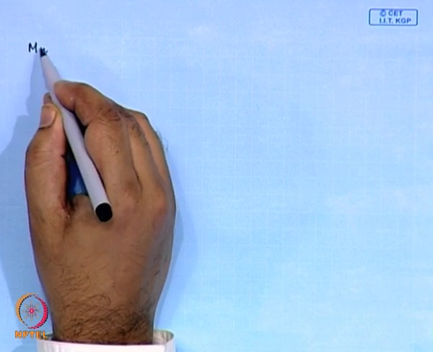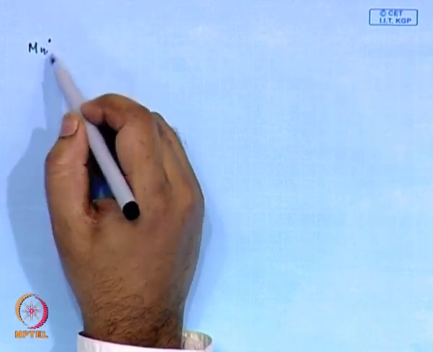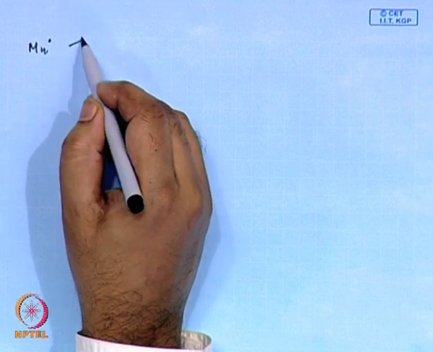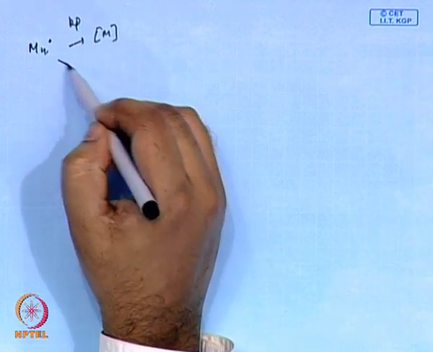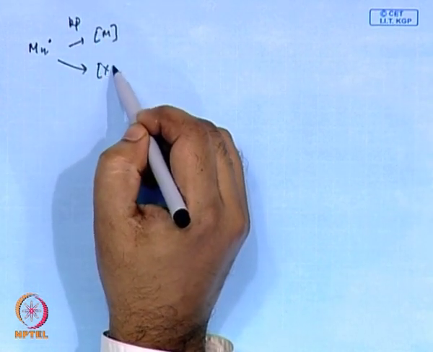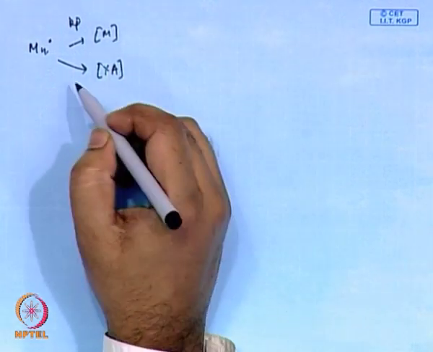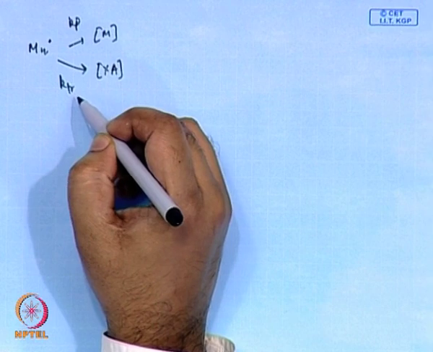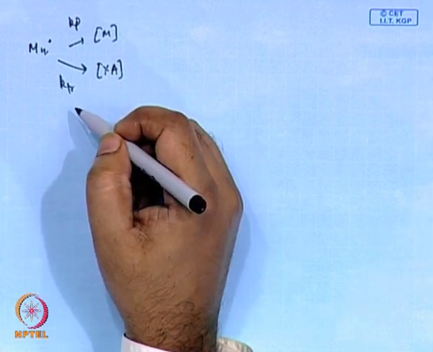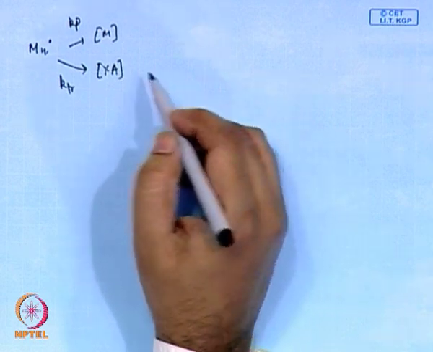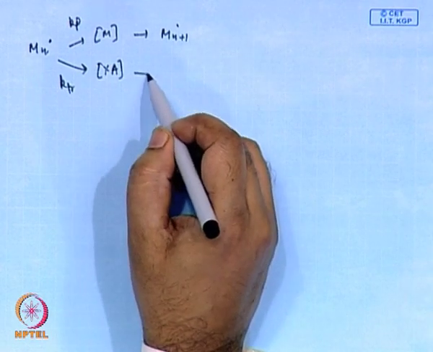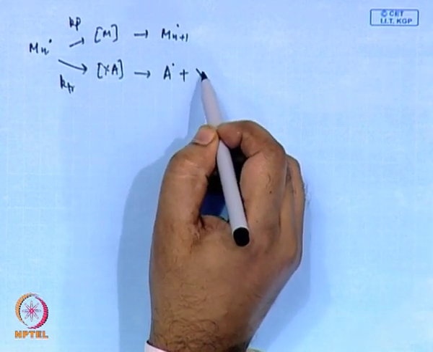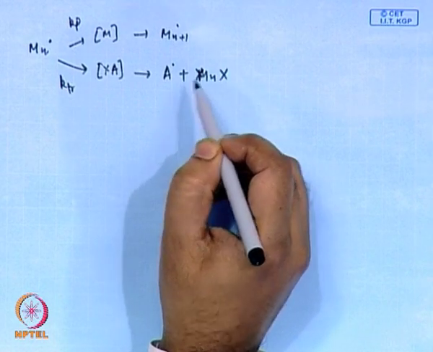Now, if I look at this Mn, a chain one propagating radical can react with a monomer, which is Kp, and it can react with SX, which could be solvent and others, which is the transfer. This produces Mn plus 1 radical, and this produces A radical plus Mn X.